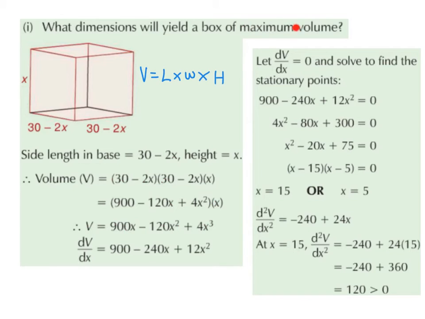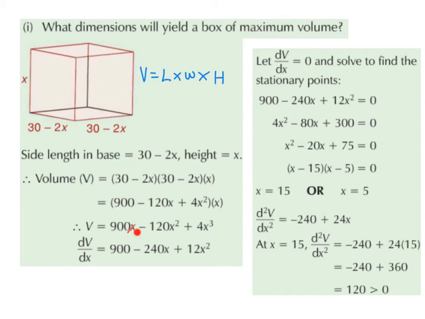And when we hear the word maximum or minimum, we want to think differentiate. So we're going to get the derivative. So we're going to differentiate v with respect to x. So dv/dx means we differentiate v with respect to x. So if I want to differentiate 900x, I simply just cross out the x.